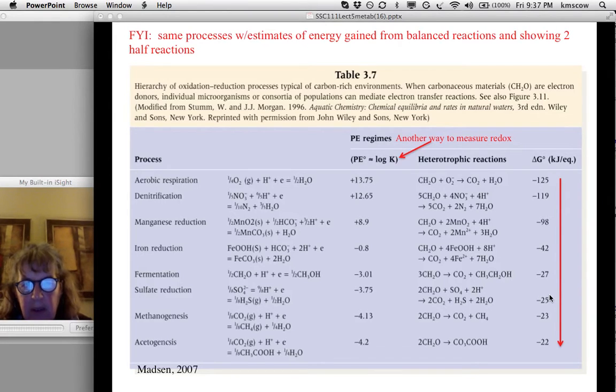Again, this is with some model organic compound shown here as CH2O, as everything is sort of relative to that one particular electron donor. Of course, if there were other electron donors involved, you might have some different delta Gs.